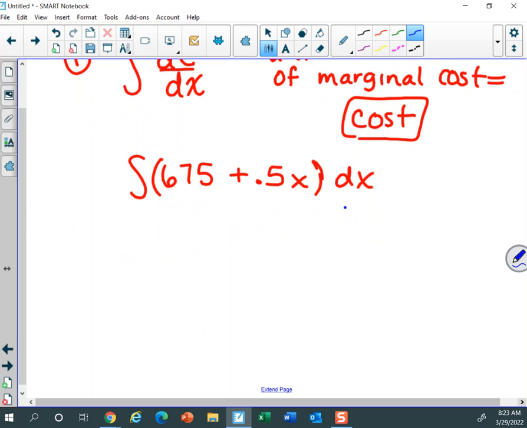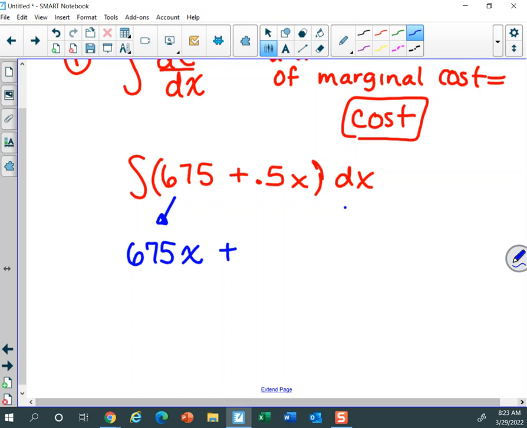So from the lesson, I don't remember what day it was, we started it when we were taking our first set of antiderivatives. We're undoing the derivative. So the antiderivative of a constant is a constant times x.